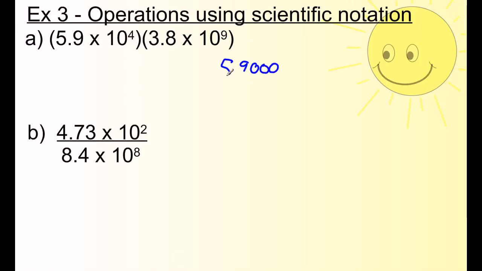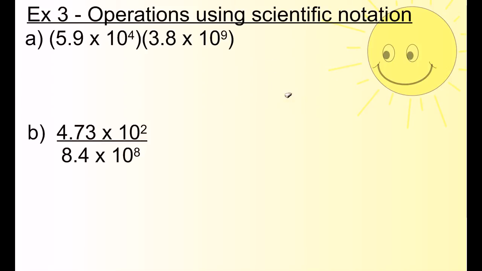So 5, 9 with 3 zeros, and then times 3, 8 with 9 zeros, and then try to take that in your calculator and multiply it out, because the first thing you're going to notice is it's probably going to give you an error. That number is probably way too big to put into your calculator and get an answer.